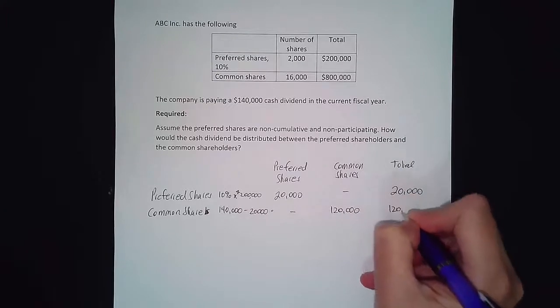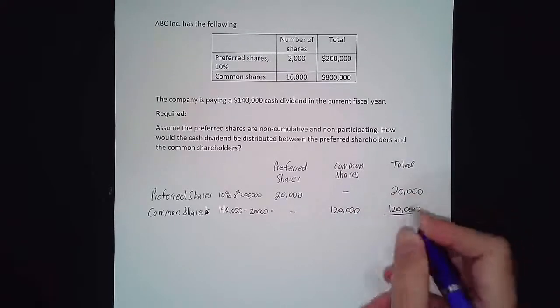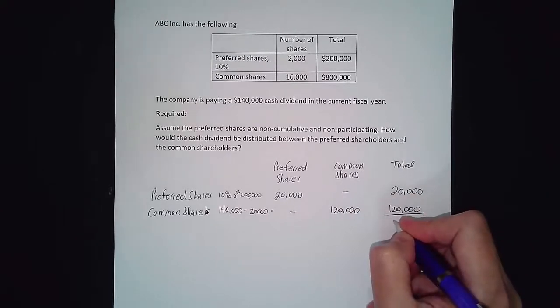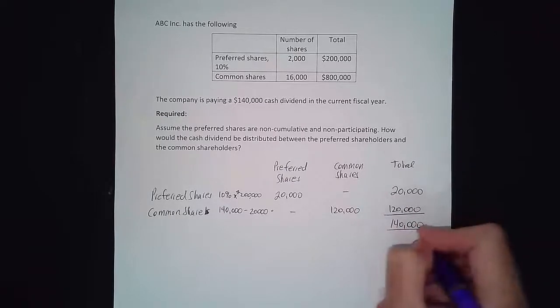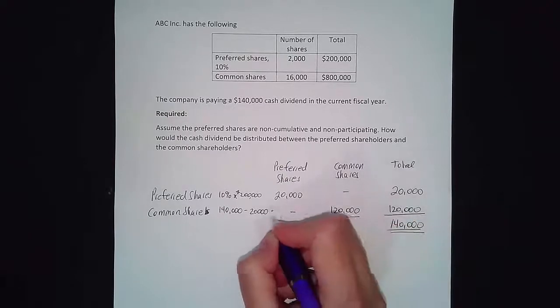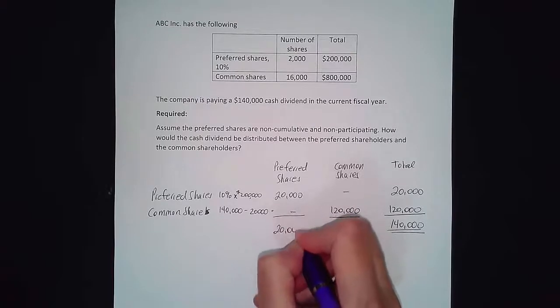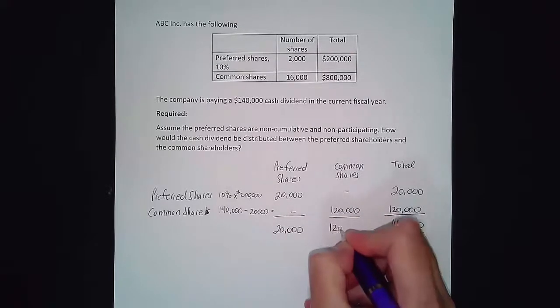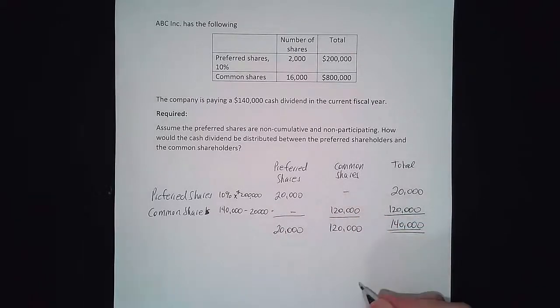And I can add the $120,000 to the total column. And so the total amount distributed is the $140,000. $20,000 going to the preferred and $120,000 going to the common shareholders. It's a fairly straightforward calculation when shares are non-cumulative and non-participating.